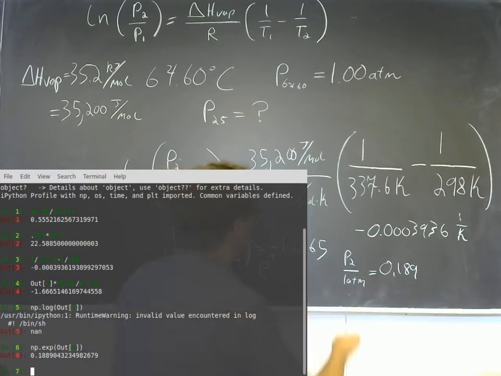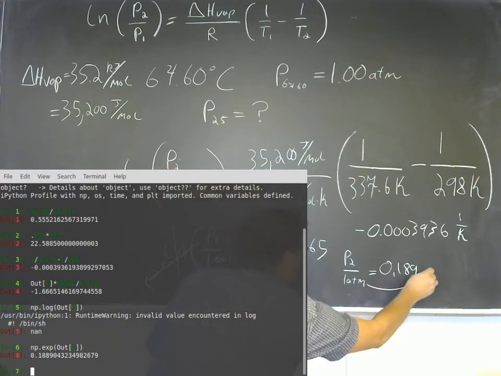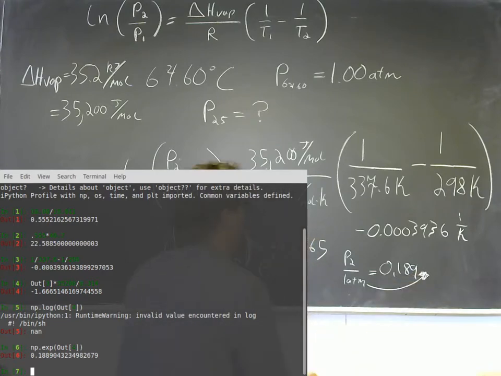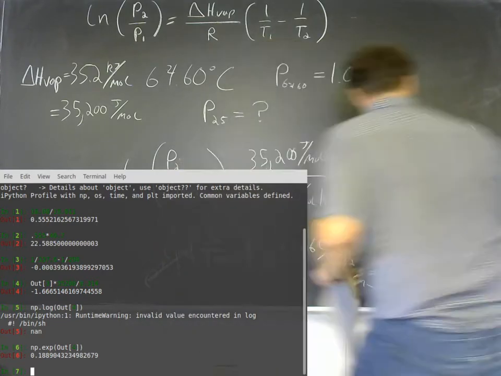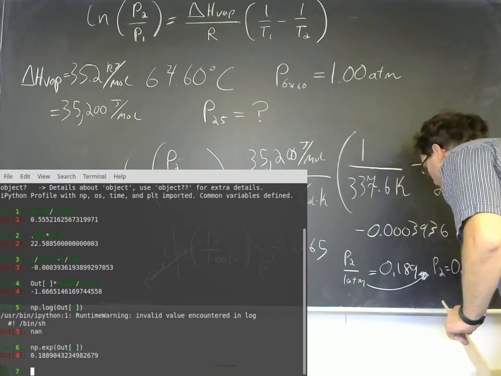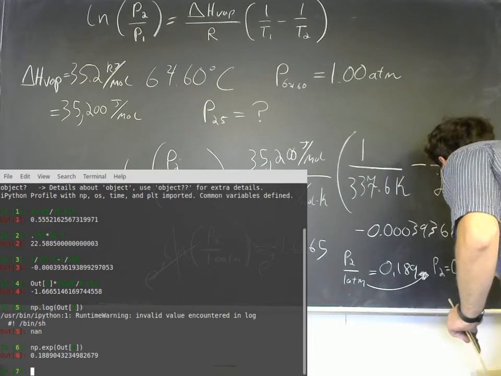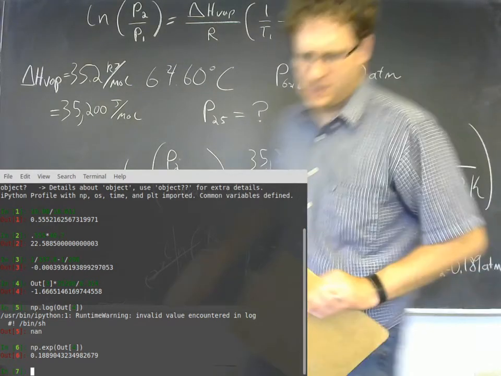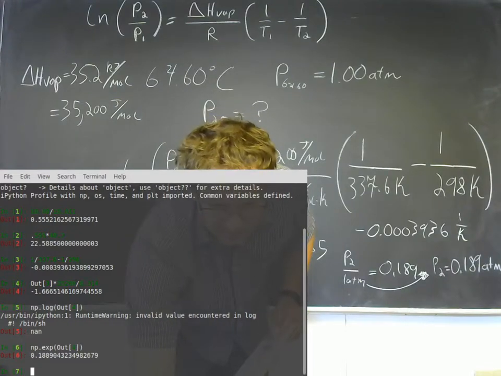But we'll go ahead and move this 1 atmosphere over to the other side. And we end up with P2 equal to 0.189 atmospheres. So did that fit?